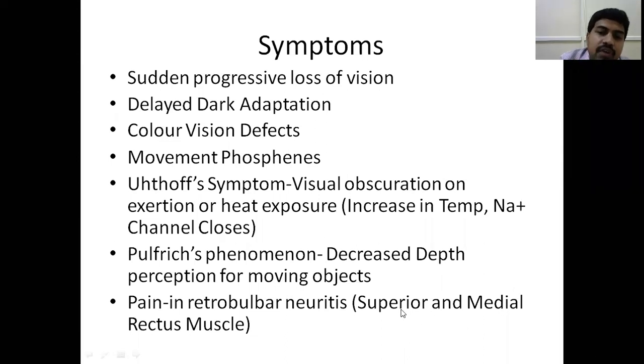As a few muscle fibers are inserted into the meninges of the optic nerve, and the meninges are inflamed, that inflammation also spreads to these muscle fibers, thereby causing pain when they move. So there is pain in retrobulbar neuritis on movement of the eyes, especially in the superior and medial movement of the eyes.